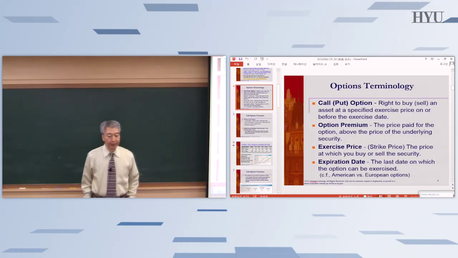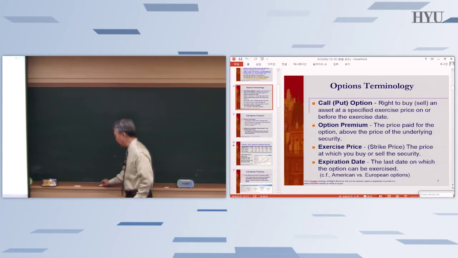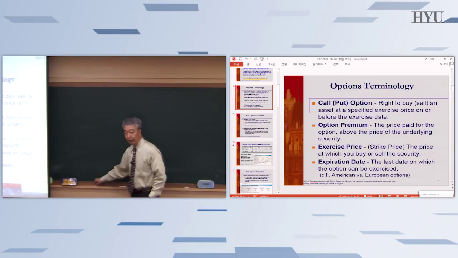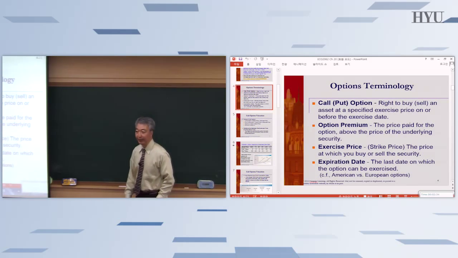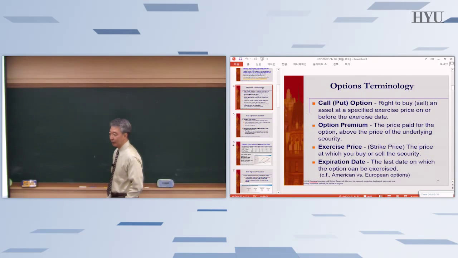American option, when you have an expiration date, let's say the expiration day is usually the Saturday following the third Friday. What was it? This November, last week, I believe today is the 26th.